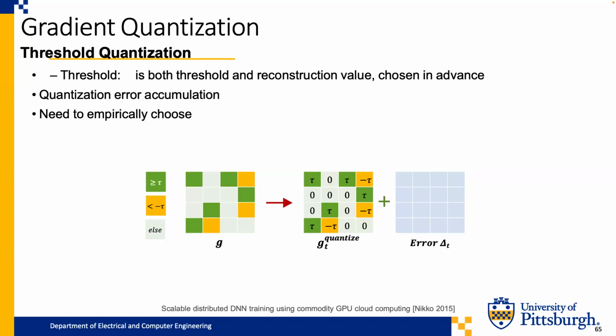The value tau needs to be empirically chosen. This way, you quantize the whole thing into a 2-bit number: positive, negative, and 0. So you need 2 bits to represent this whole table. And of course, you have an error delta kept locally and keep accumulating.